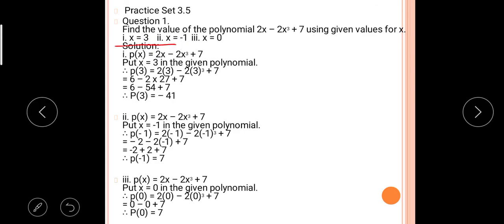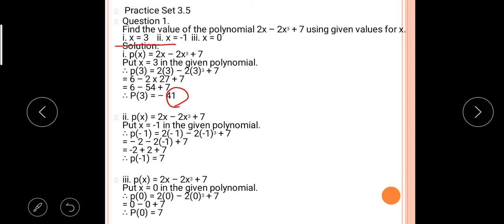So p of 3 is equal to 2 into 3 minus 2 into 3 cube plus 7. 2 threes are 6, minus 2 into 27, plus 7. After solving you will get p of 3 is equal to minus 41.